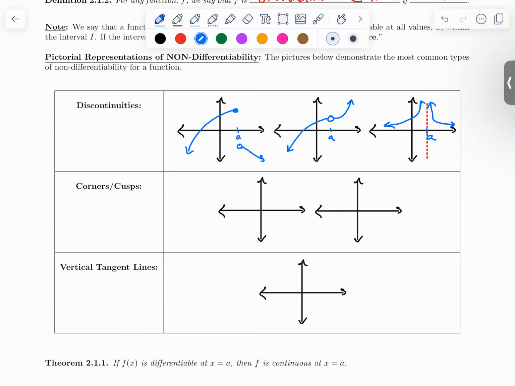Derivative exists, derivative exists, derivative exists. But then at A, on one side of A, I have a slightly positive slope. It's very, very shallow, but it's still positive. And then on the other side, I have a negative slope. And remember, at the end of the day, a derivative is a limit. The limit as h approaches 0 of f of x plus h minus f of x over h.